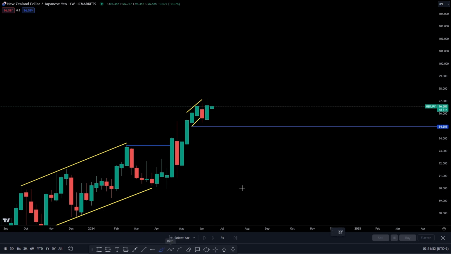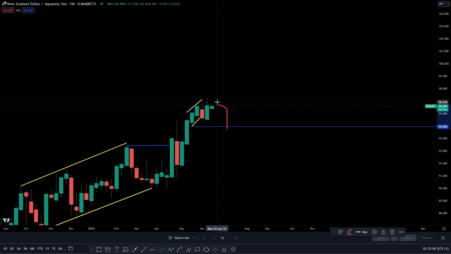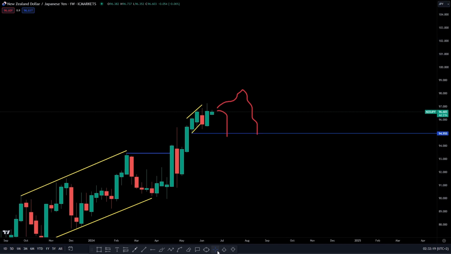So if that's the case, what is price action telling me? Price action is telling me that a sell is probable. However, I'm more interested in the market moving up a little bit, and then later on around these levels, I'm looking for that sell. So NZDJPY, I'm looking for a sell.